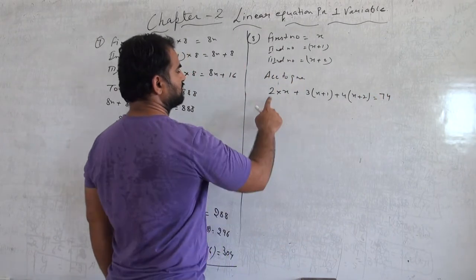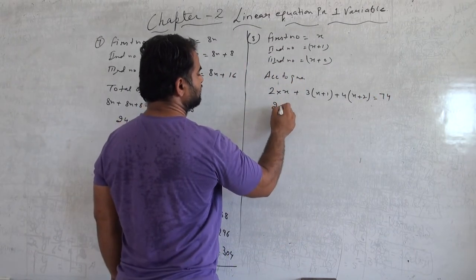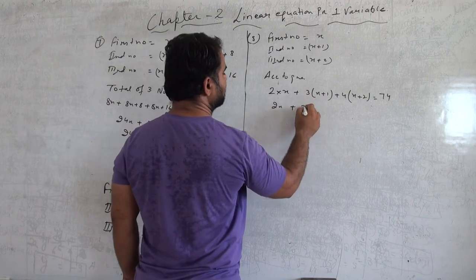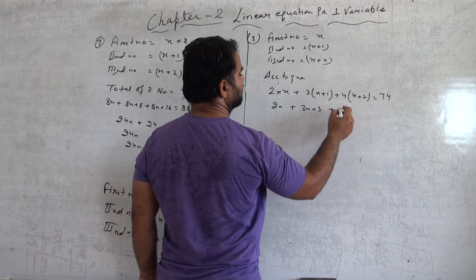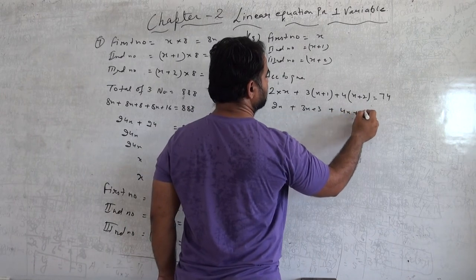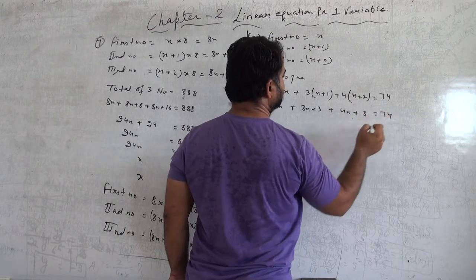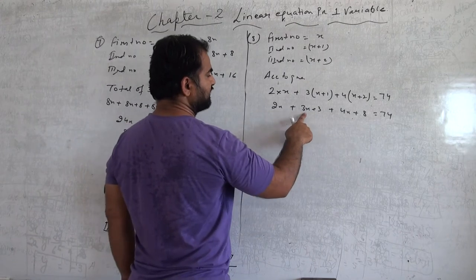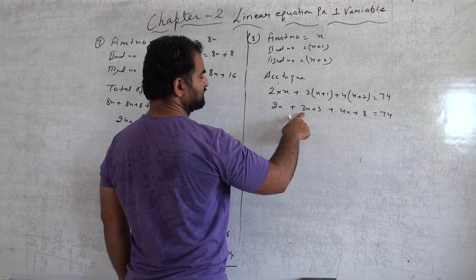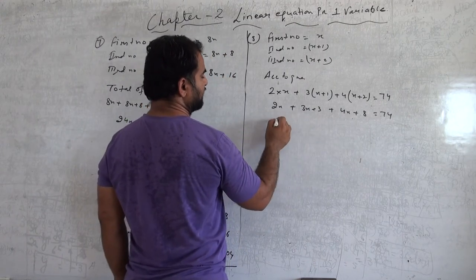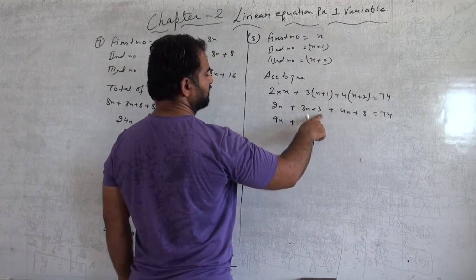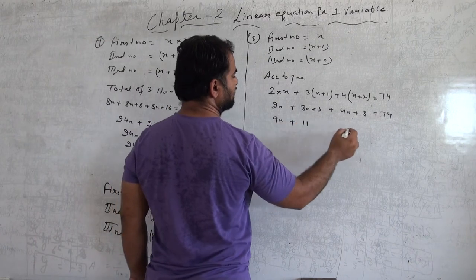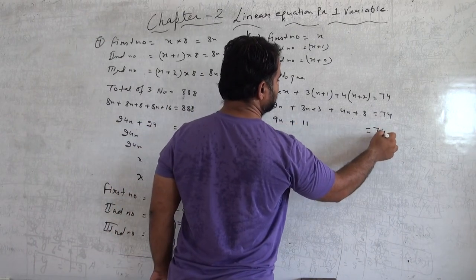Okay, so 2 into x will be 2x, 3 into x will be 3x, plus 3 into 1 will be 3, 4 into x will be 4x, and 4 into 2 will be 8, equals 74. 2x plus 3x plus 4x, 4 plus 3 is 7, 7 plus 2 is 9x, plus 8 plus 3 is 11, equals 74.